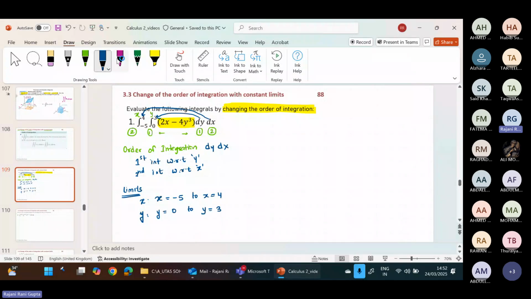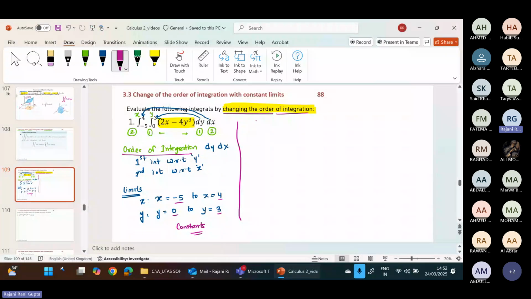Okay. Now, what they have asked here: evaluate by changing the order of integration. So this is your given order of integration. Now you have to change the order of integration. If you see all the limits here, -5, 0, 4, 3, all are constants, so you can simply change the order of integration.